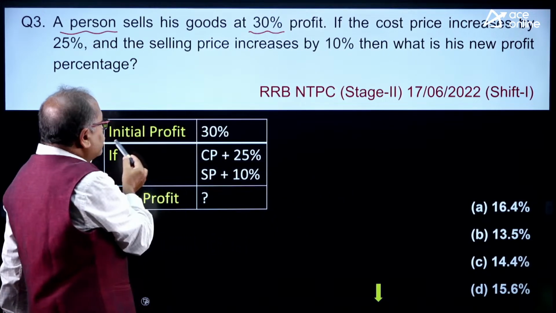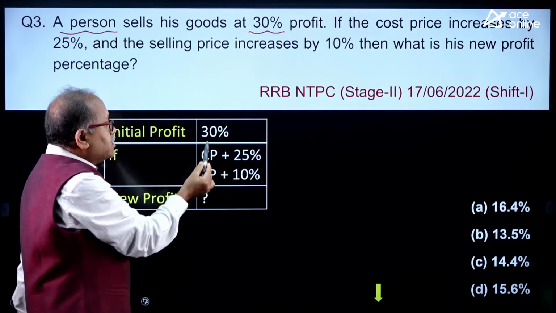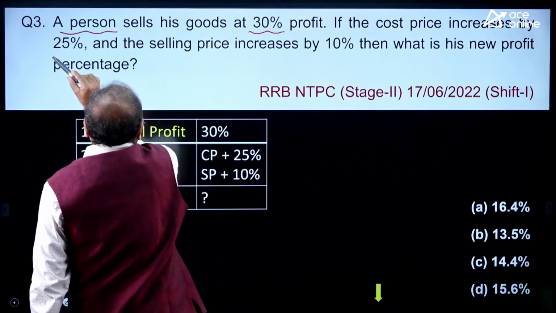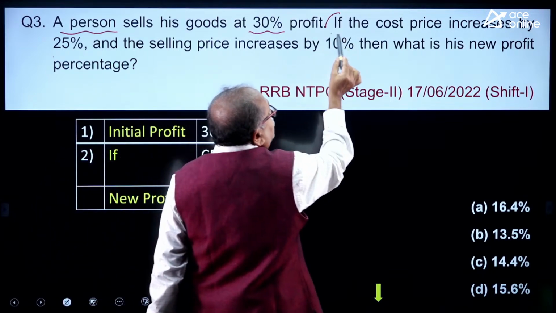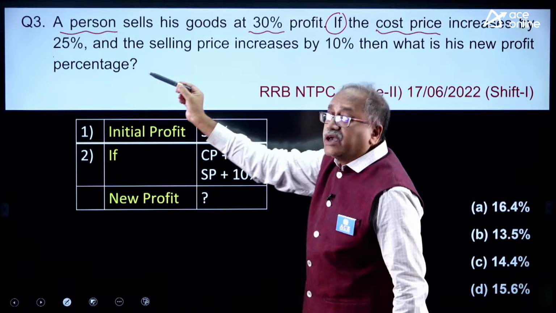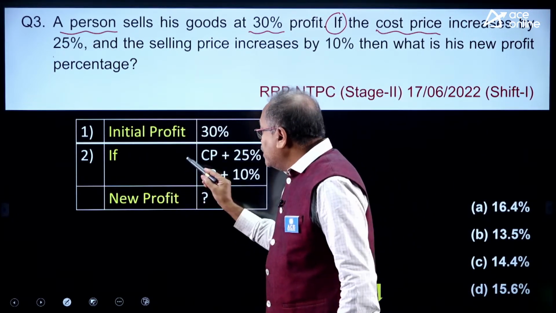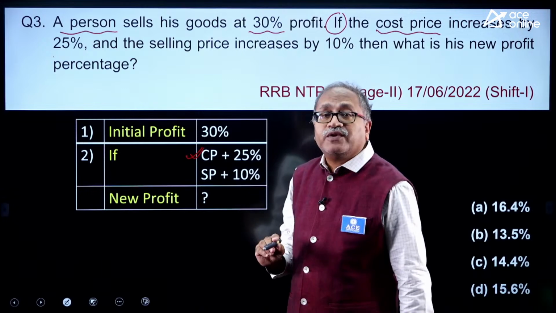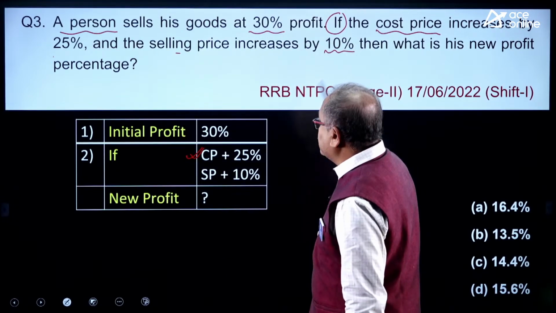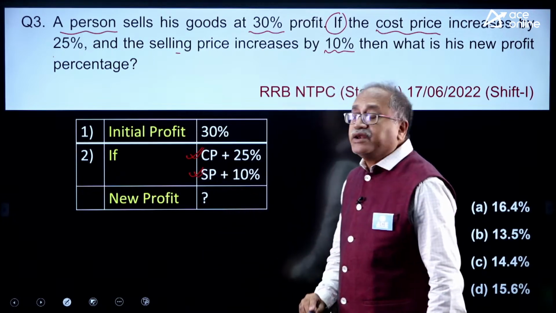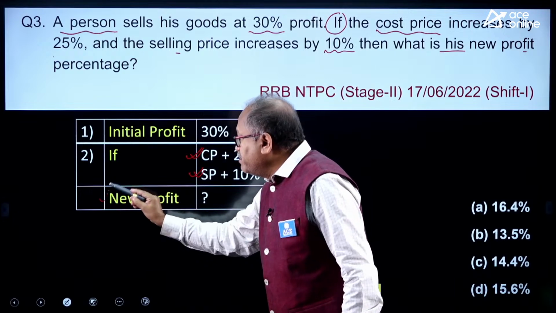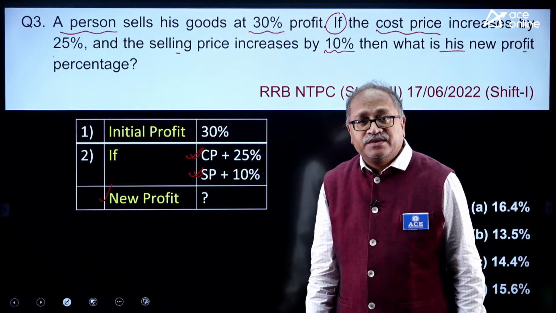You can see that the first information is that the person sells the goods at 30% profit, and there is a condition: if the cost price is increased by 25% and the selling price is increased by 10%, then what is the new profit percentage?